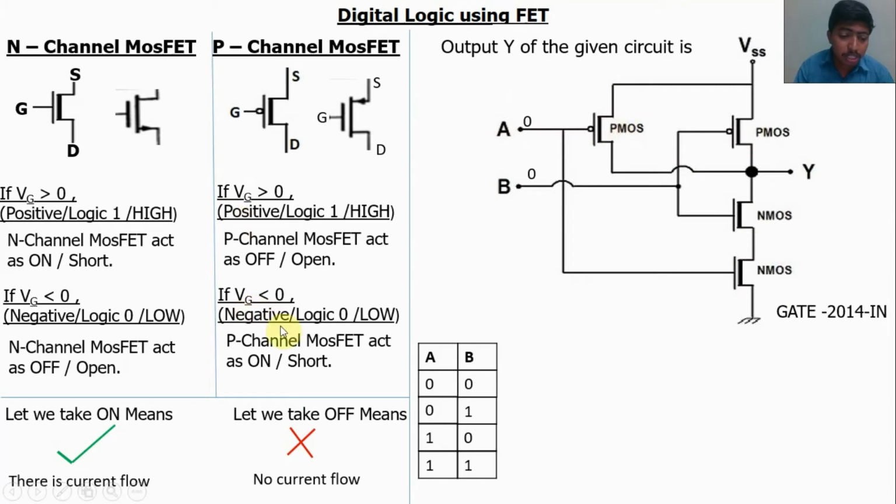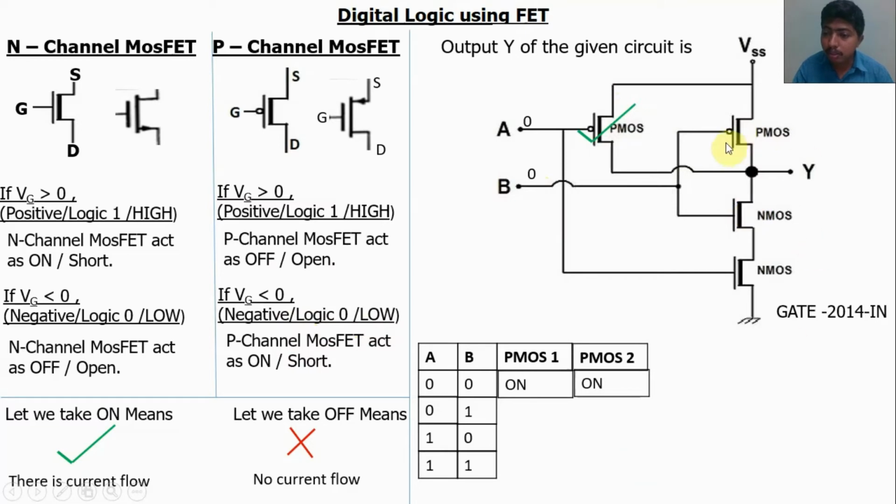Negative voltage applied means the PMOS will act as on, so PMOS 1 will be on. Put the tick mark; it means on condition, there is current flow here. Check PMOS 2: negative voltage is applied to PMOS 2, so PMOS 2 will be on. If negative voltage is applied to a P channel MOSFET, the MOSFET will be in on condition. So PMOS 2 is also on. Let me put the tick mark.